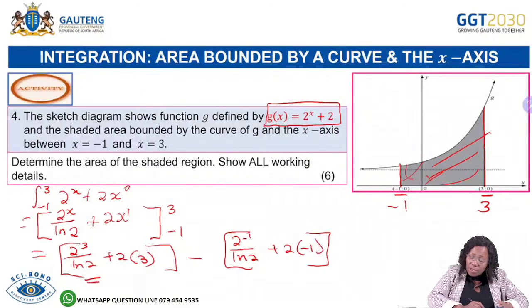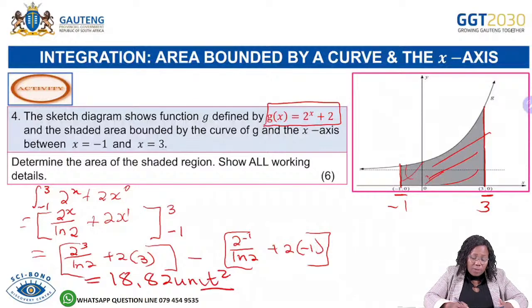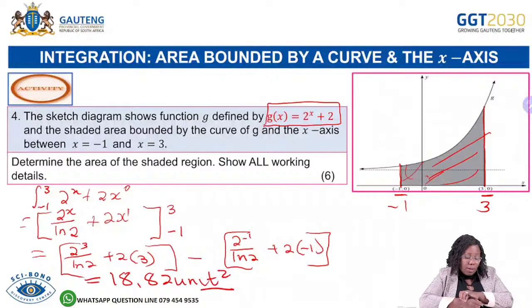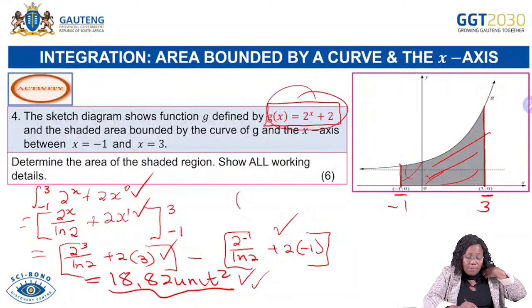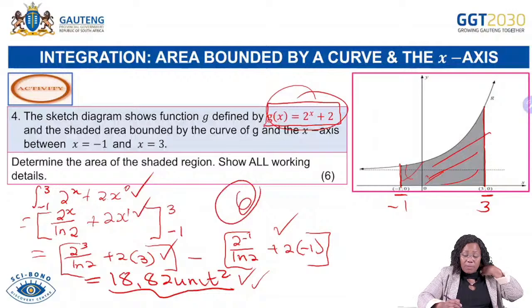And then if you put this into your calculator, you end up with 18,82 square units. So that is basically the area that we are looking for. And then it's 1 mark for your integral, for substitution 2, 3, and then final answer for that one. And the notation there for writing this in integral form. So this is worth 6 marks.